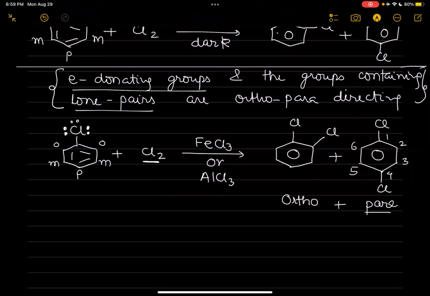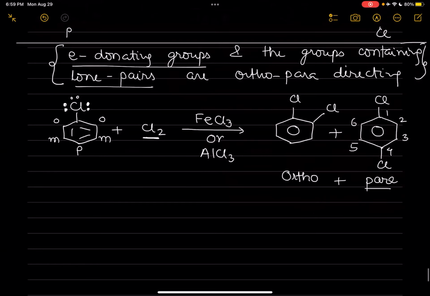Why have I not made meta? Because this is an electron donating group. You can write examples of ortho para directing groups.